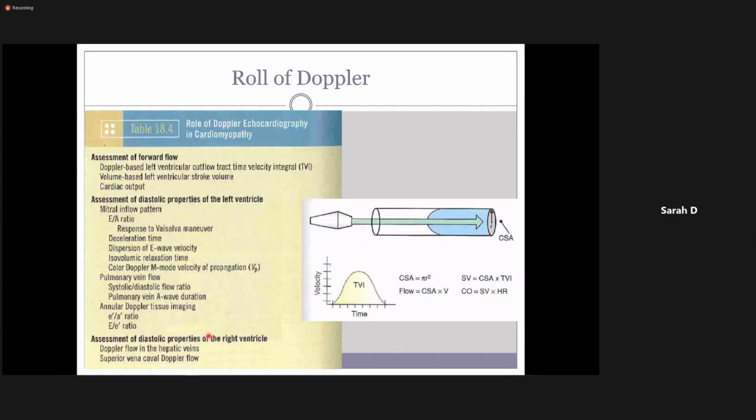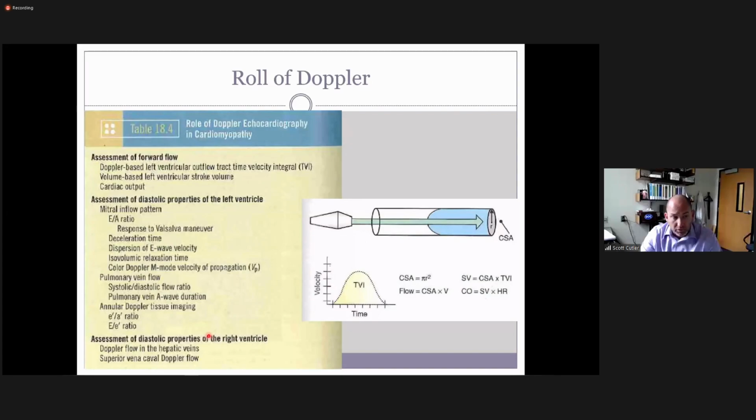But you could, go ahead, Sarah. What about TDI of the annulus? Yeah, you could do TDI of the annulus. Or TAPSE? Okay, you could do, let's see, on the mitral valve, we could do for systolic function, remember we could do a DPDT on the front side of that, the acceleration side of it.